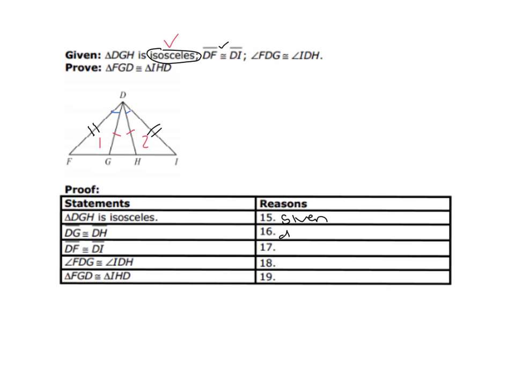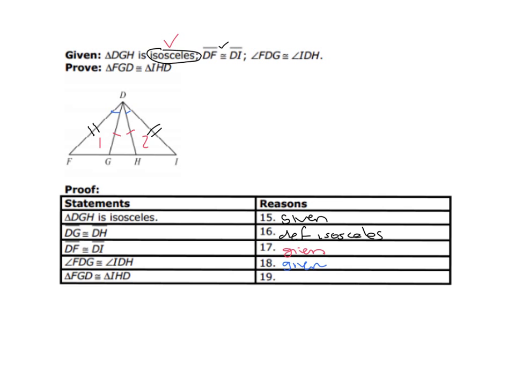That would be because of the definition of isosceles, which we kind of already talked about. Next one, DF is congruent to DI. Then that was given information. Next one, angle FDG is, oh, what do you know? Another easy one there is given information.